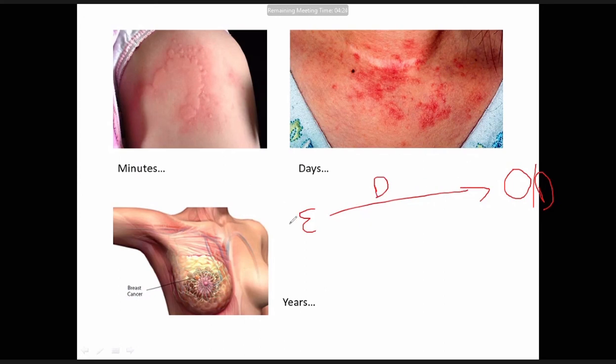So how do you determine exactly that? Again, you'd have to use not just temporality itself, but also other criteria, the Bradford Hill criteria, to determine that.